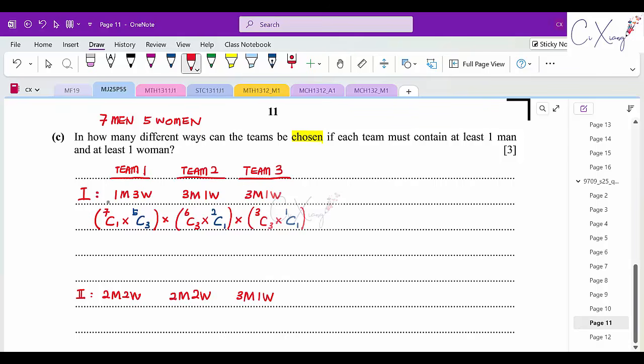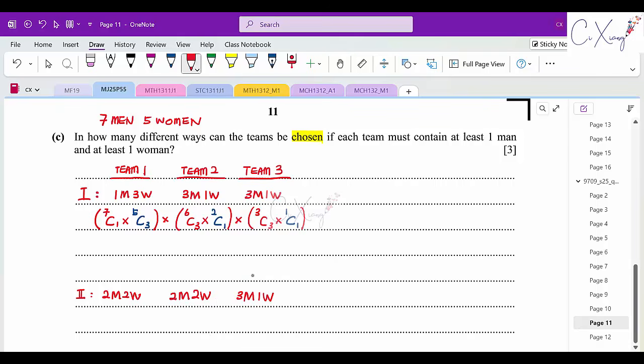But if you are talking about case 1 and case 2, then you take this total and this total and you add them. You total the combinations between the different cases. This one is within a case, so in a case means multiply. For 2 different cases, then you add.